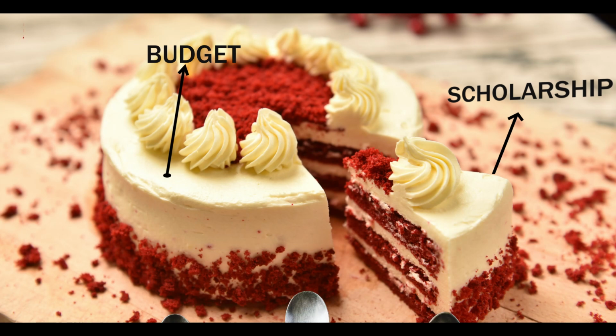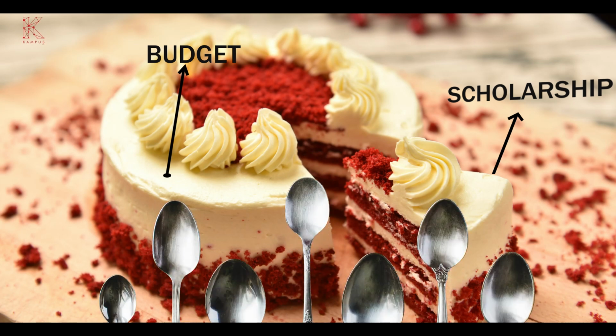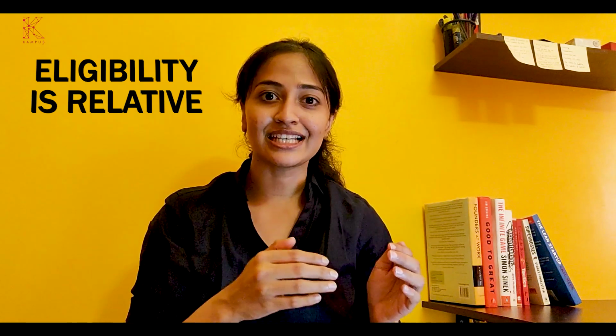Now there are hundreds and thousands of seekers waiting with their fork to get even one bite of that cake. So to get to the point, the eligibility of a scholarship is not a fixed number that you have to cross. It is relative. What it means is it depends on your competition.